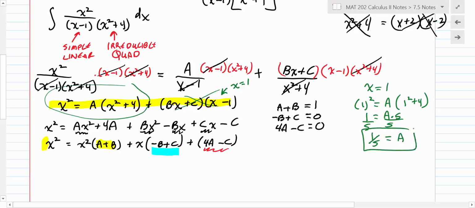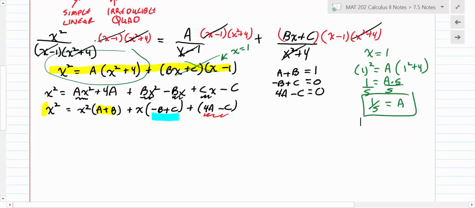We get a equals 1/5. Okay? Now I did a little bit more of that in my head. You'll be able to do that okay. That letting x be 1 crosses this whole thing out, and then it gives you that simple equation to solve. Okay? All right. Now let's see what we got from here. Well, we can go to this top equation here. So what we have on that, or we could go to the bottom, it doesn't matter.